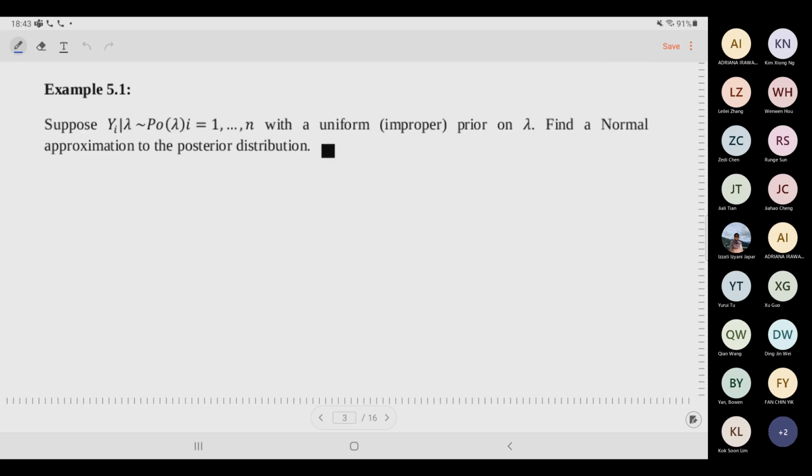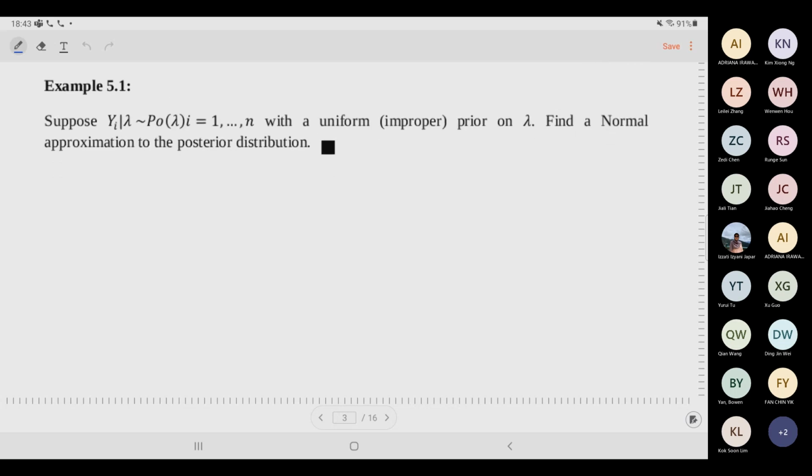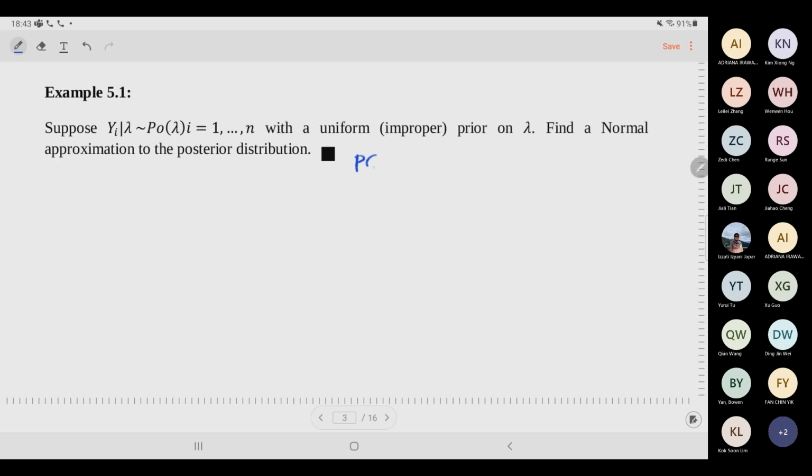So this one you should already know how to find. You have your prior, and then you have your likelihood, and your posterior.